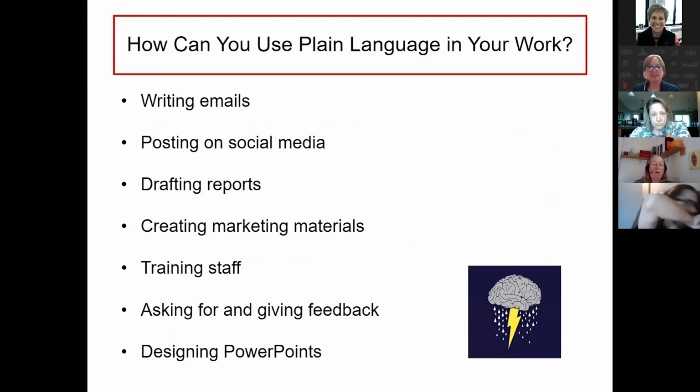Posting on social media, drafting reports, creating marketing materials, training staff, asking for and giving feedback, and designing PowerPoints. You may be able to think of some more too. It's possible to work on strategies, for example, to use plain language in verbal conversation. That's a whole other topic, but I feel like the sky's the limit here.